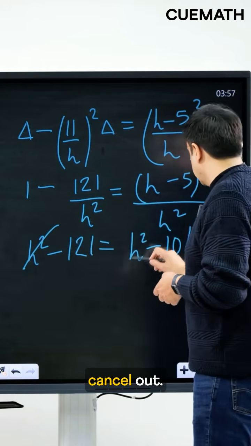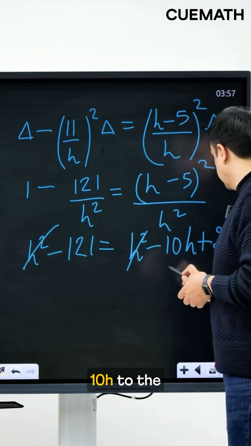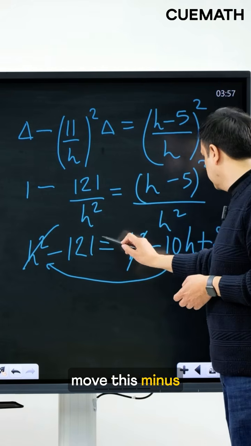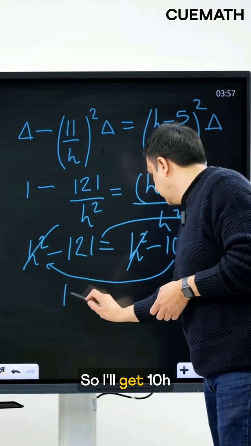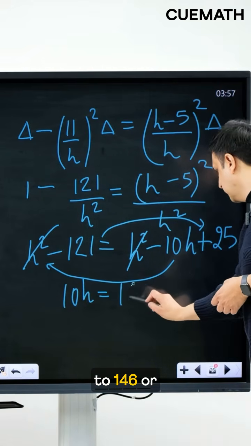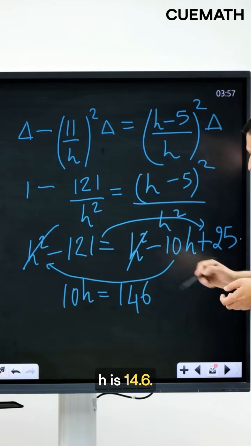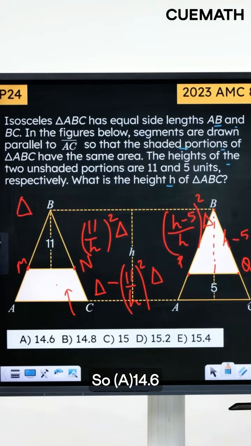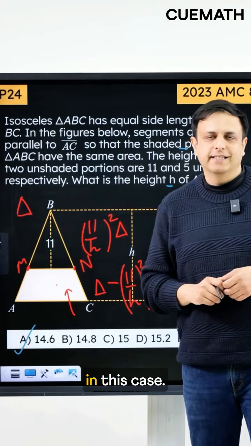So these terms cancel out and I can move this minus 10h to the left side and I can move this minus 121 to the right side. So I'll get 10h is equal to 146, or h is 14.6. So A, 14.6, is the answer in this case.